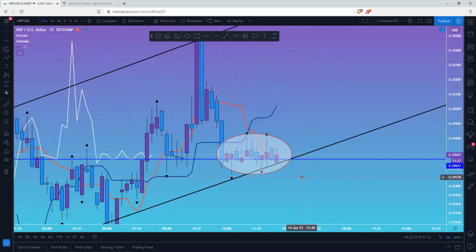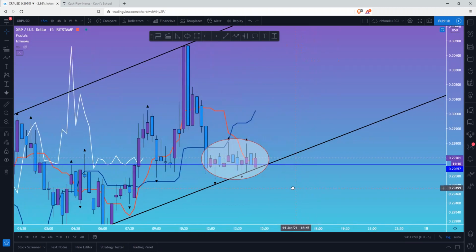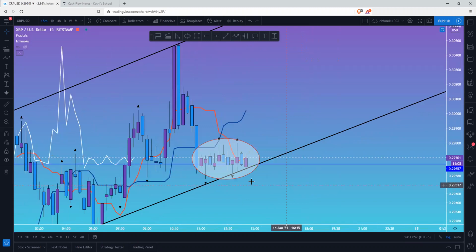Especially on the lower time frame because it could give you so many signals. You got that bearish signal, but yes, we could start looking for bearish opportunity, but we have to make sure our confirmation is legit. We don't have legit confirmation yet. So we're just going to wait for probably the next 30 minutes or so to really get an indication on where this market is going to go.